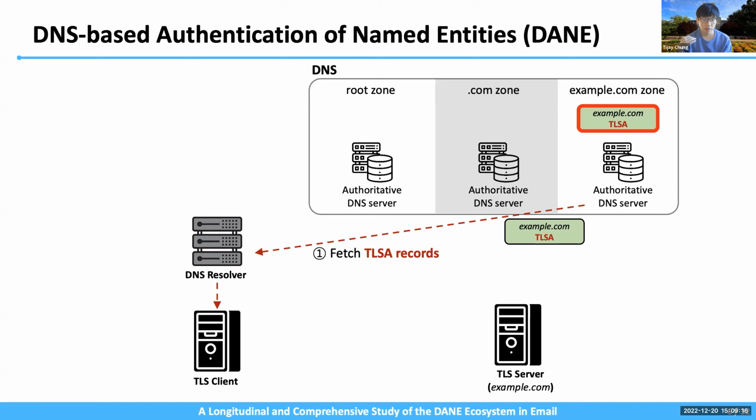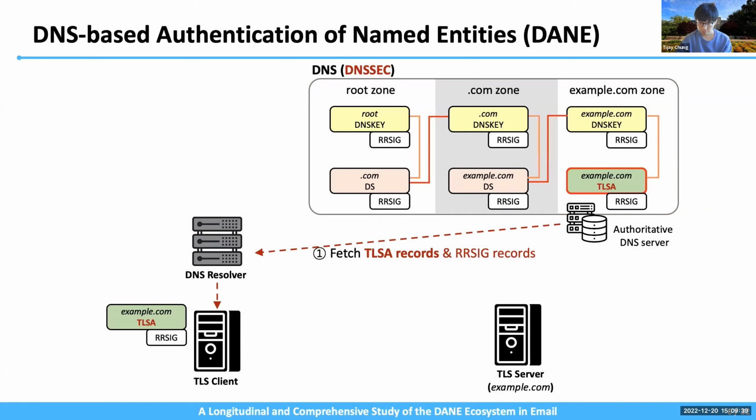Okay. Then the TLS client that would like to make a connection to the web server, the TLS server, first has to fetch this TLSA record, and the DNS resolver must support DNSSEC to make sure this TLSA record has never been forged, right?